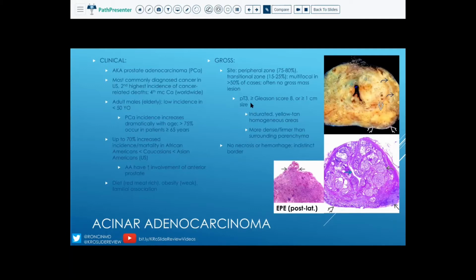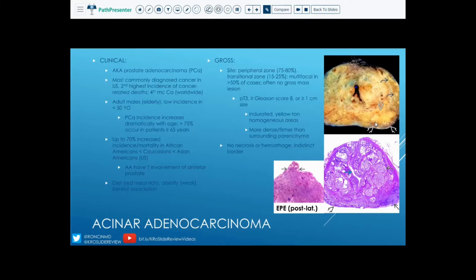If you are lucky enough to see a lesion grossly, they tend to be stage T3, Gleason score 8 or more, and at least 1 centimeter in size, and in this case it's yellow-tan. They can be indurated or homogeneous, and they definitely are more firm than surrounding parenchyma. But what else is firm? BPH can be firm, adenosis can be firm, and well, I shouldn't say adenosis can be firm.